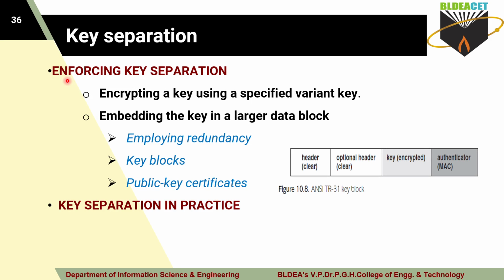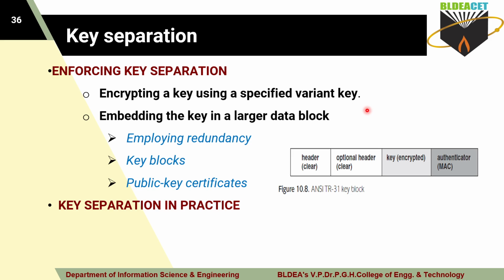Next, to prevent the masquerade attack, you can enforce key separation. It is compulsory to enforce it here. For enforcing key separation, either you encrypt a key using a specified variant key. As I told earlier, for different purposes you use different keys: one key for encryption, a different key for decryption, and a different key for integrity.